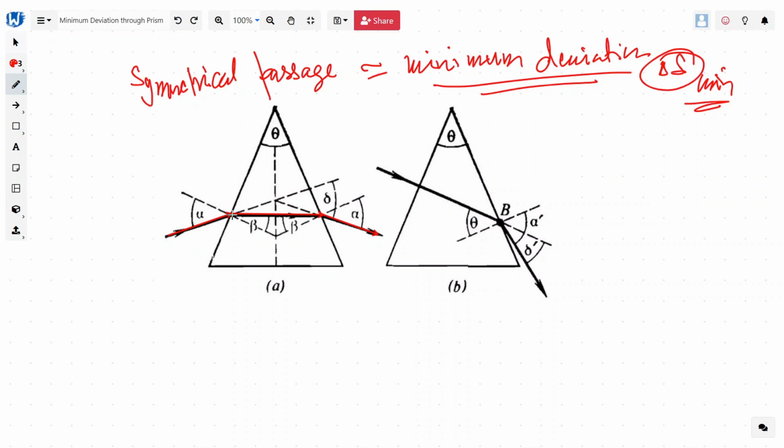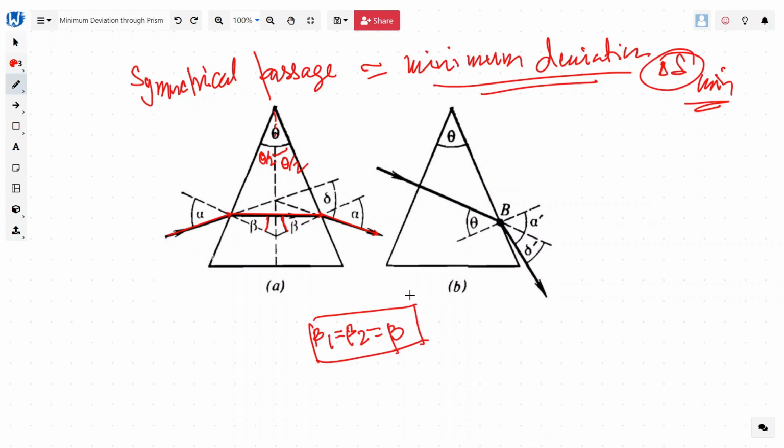So when a ray of light is passing through a prism symmetrically, we know that this angle is going to be equal to theta by 2. Okay, and by symmetry, the angle of refraction here and the angle of incidence here are going to be equal, right? So beta 1 is equal to beta 2 and this will be equal to beta.